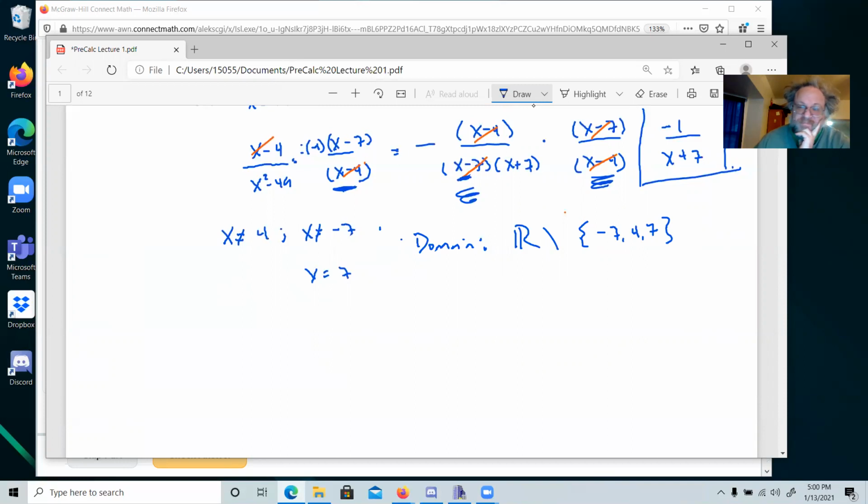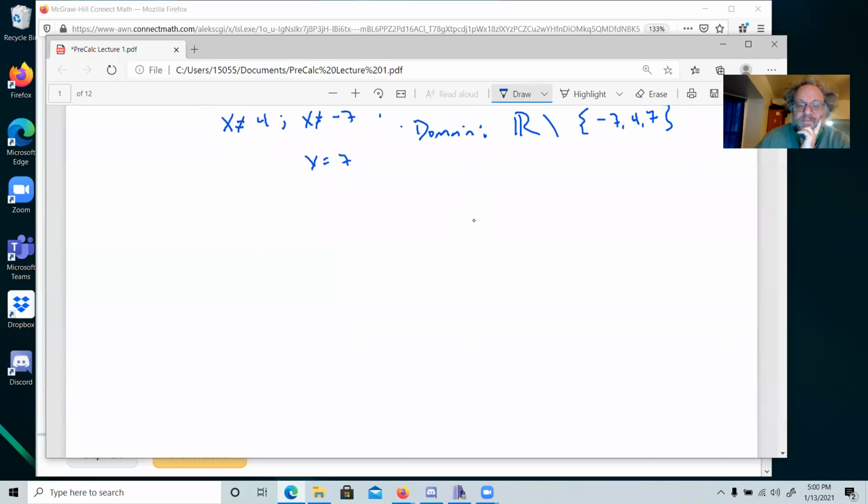Interval notation, no, that's a lot harder to write. So what we have to write is negative infinity up to negative 7, union negative 7 up to 4, union 7 off to positive infinity. That one wasn't so bad, all right?